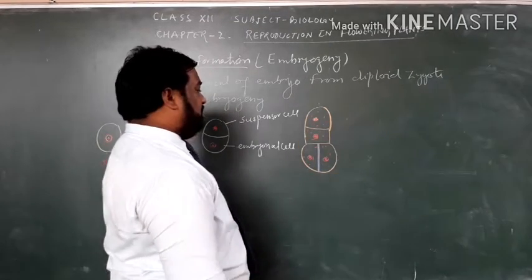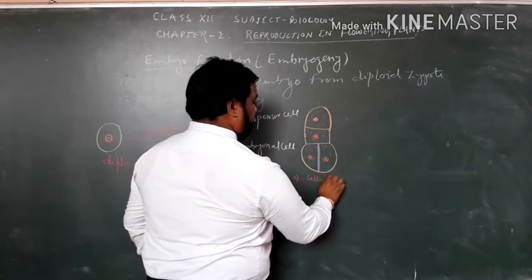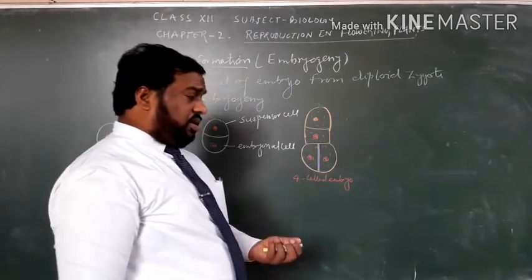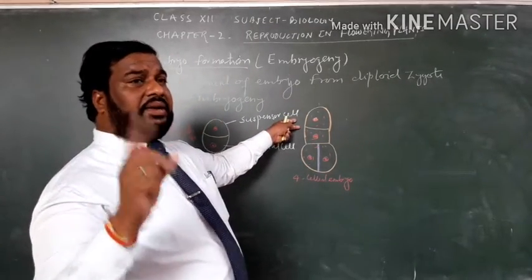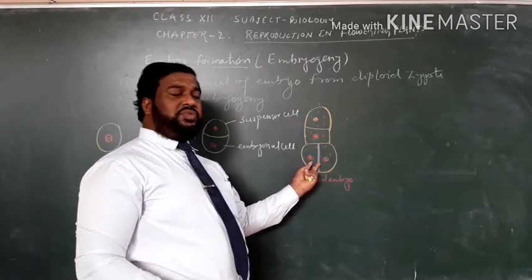So this is a four-celled embryo. Now the upper cell again divides transversely and the lower cell again divides transversely.